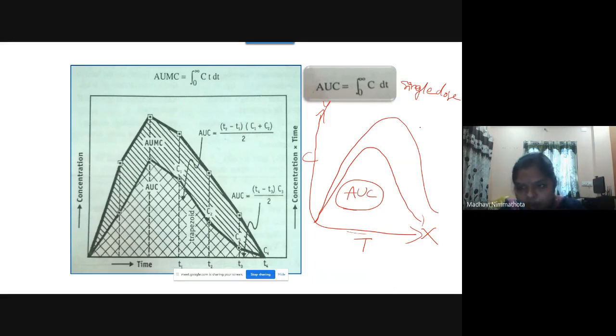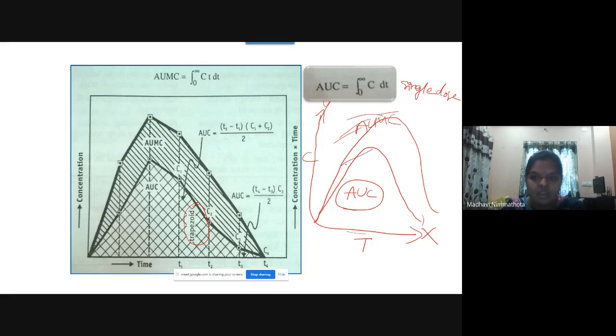And then what do you mean by this? You will get one more curve also. This is called AUMC. AUMC is called the area under the first moment curve. This is the area under the curve, and in this statistical moment theory, it will follow the trapezoidal rule.